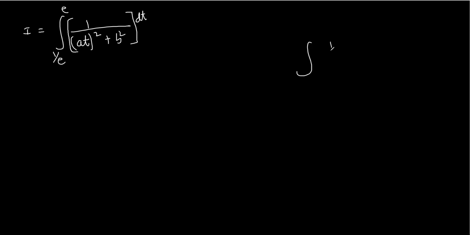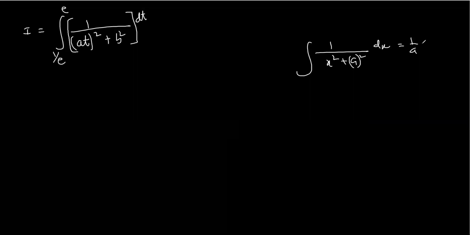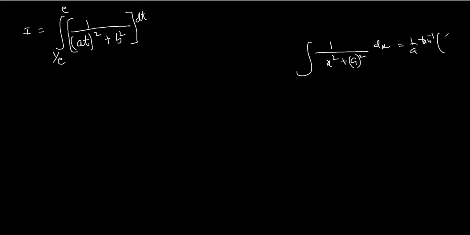If you remember, what was the integral of 1 upon x square plus a square dx? It was 1 upon constant into tan inverse of variable upon constant plus c. So here what is constant? Constant is b. So you will write 1 upon b tan inverse of variable, that is at upon b, and then you divide the whole thing by the constant which is multiplied to t, which is a.